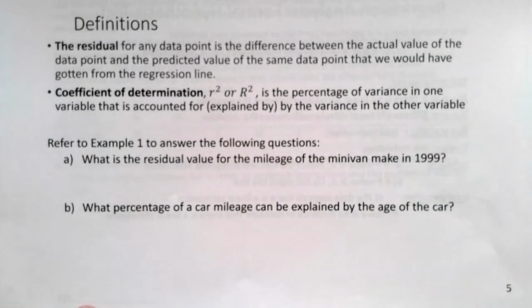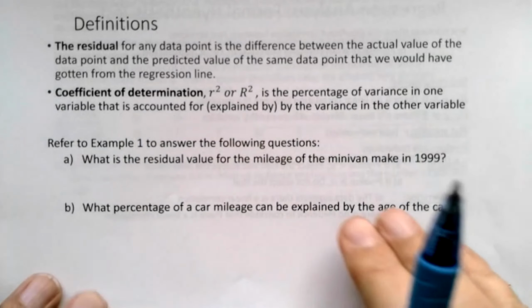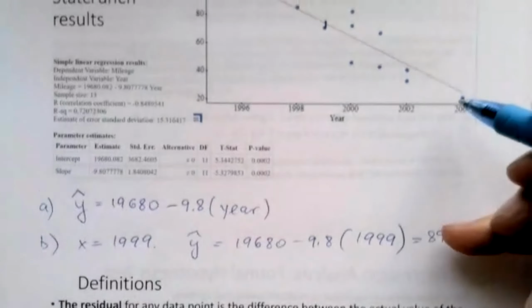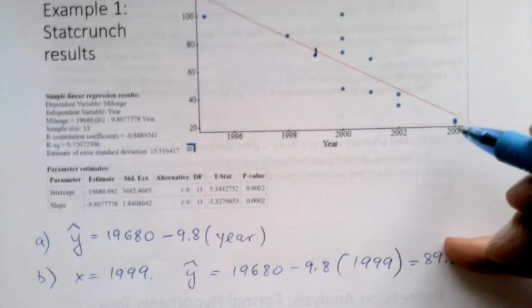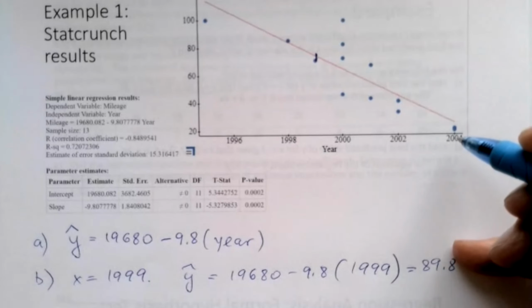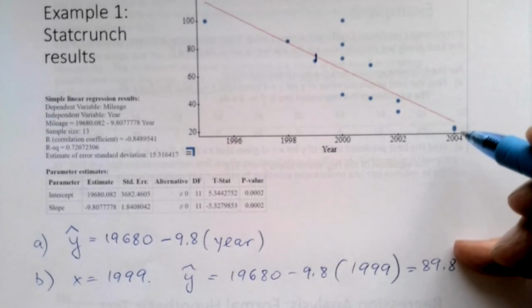So, for example, here in our regression line, X was the year made, and the Y variable was the mileage.